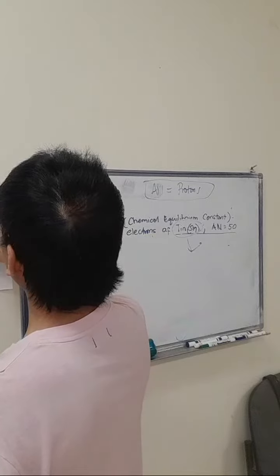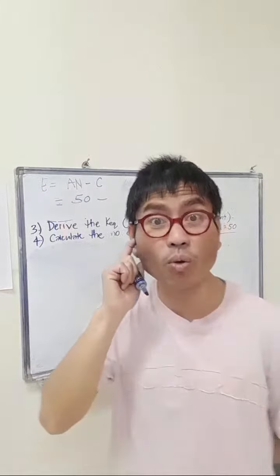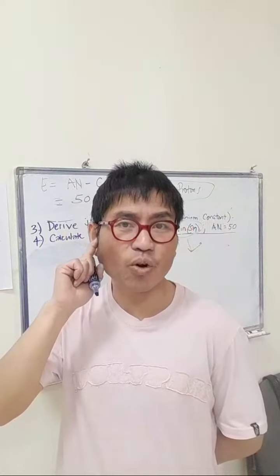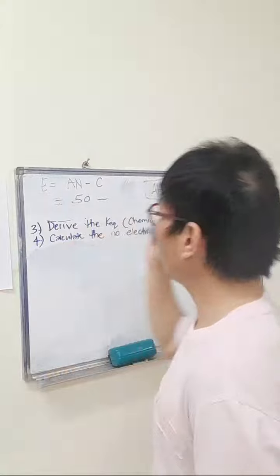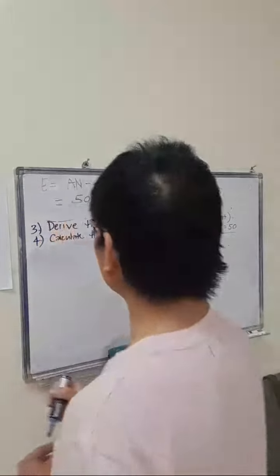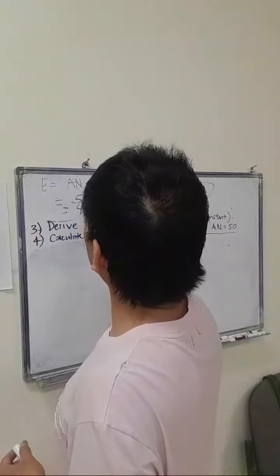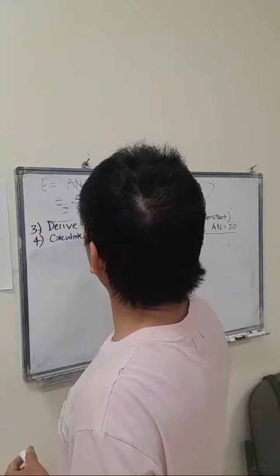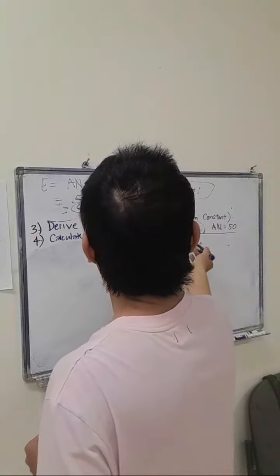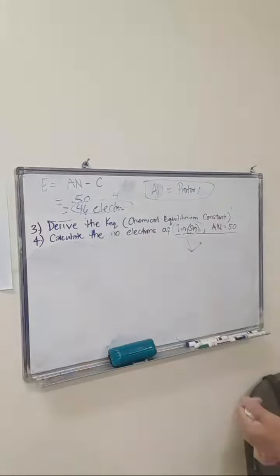It is in group 4A, so the charge of Sn is positive 4. So 50 minus 4 is equal to 46. Wow. So there are 46 electrons of tin.